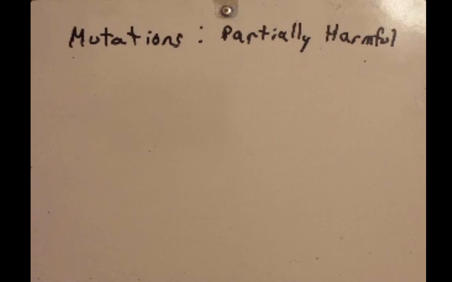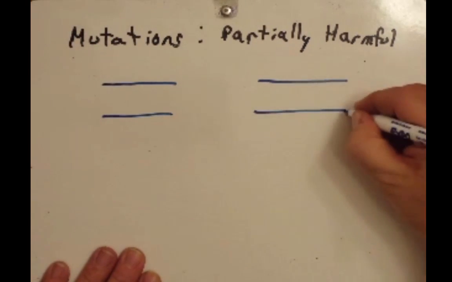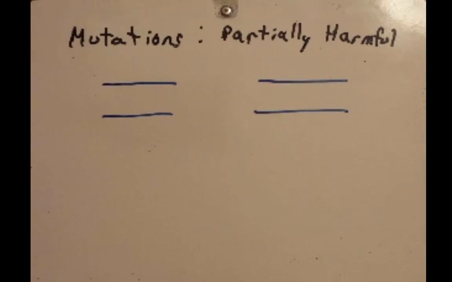And indeed, I think if a mutation was strictly harmful and there was no way to protect the organism against that mutation, we would predict that it would be lost from the population. But we can protect ourselves against these potentially harmful mutations. So let's draw 2 chromosomes here, and on the chromosomes let's put a gene.